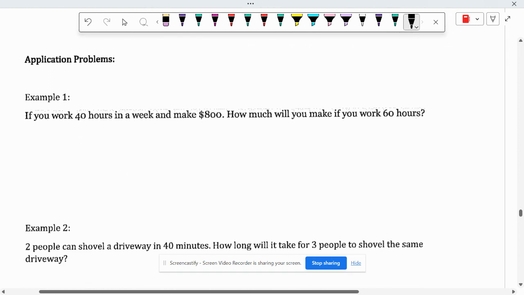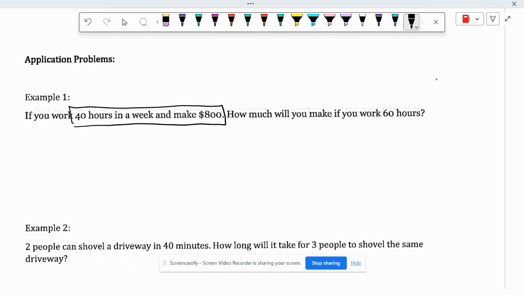So application problems. If you work 40 hours in a week and you make $800, how much will you make if you work 60 hours? Well, the more you work, the more you make. So this is direct variation. So my constant equals y over x.